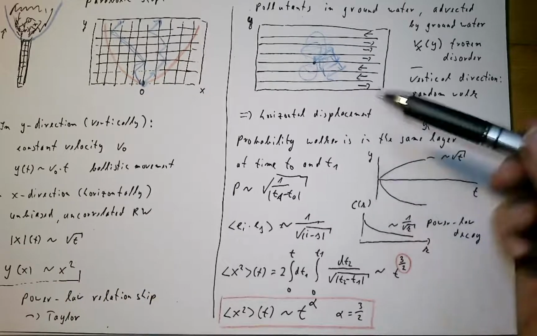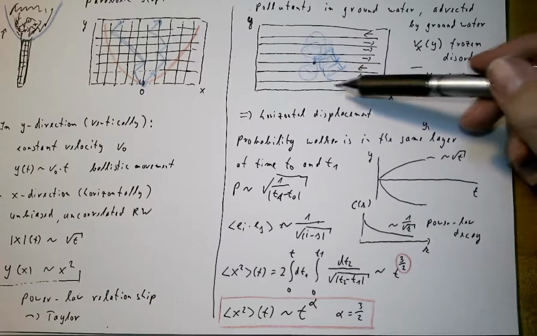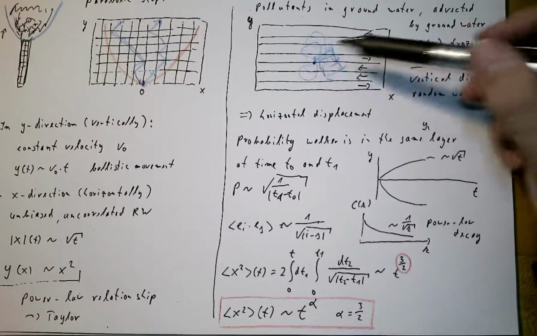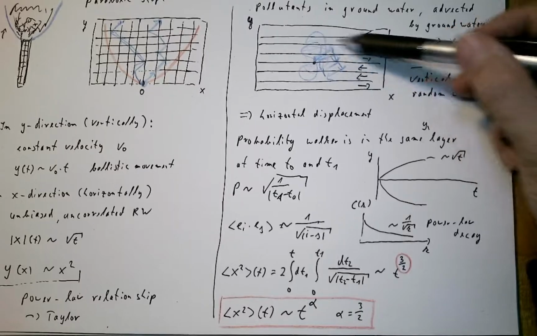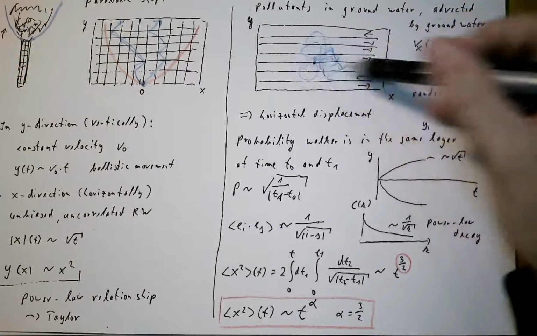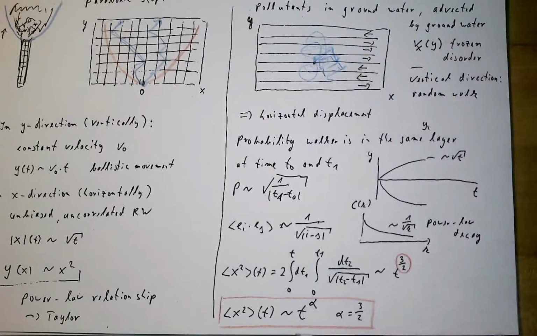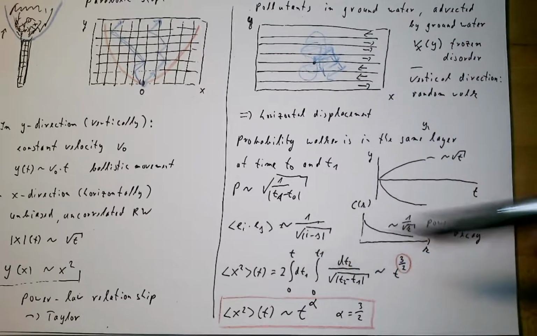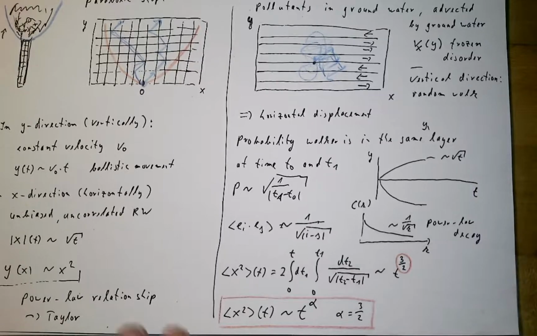This means if we have this combination of random walks, normal random walk in y direction, but then depending on every y level movement left or right with this frozen disorder, the horizontal movement goes with the power law. And that's because this correlation, so the chance to be in the same layer again, decays as the square root of time.